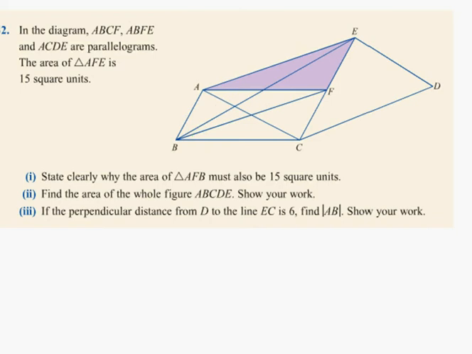Then A, B, F, E is this one here. Happy with that? And then finally, the last one, A, C, D, E, so this one here. So they're the three parallelograms we're talking about.